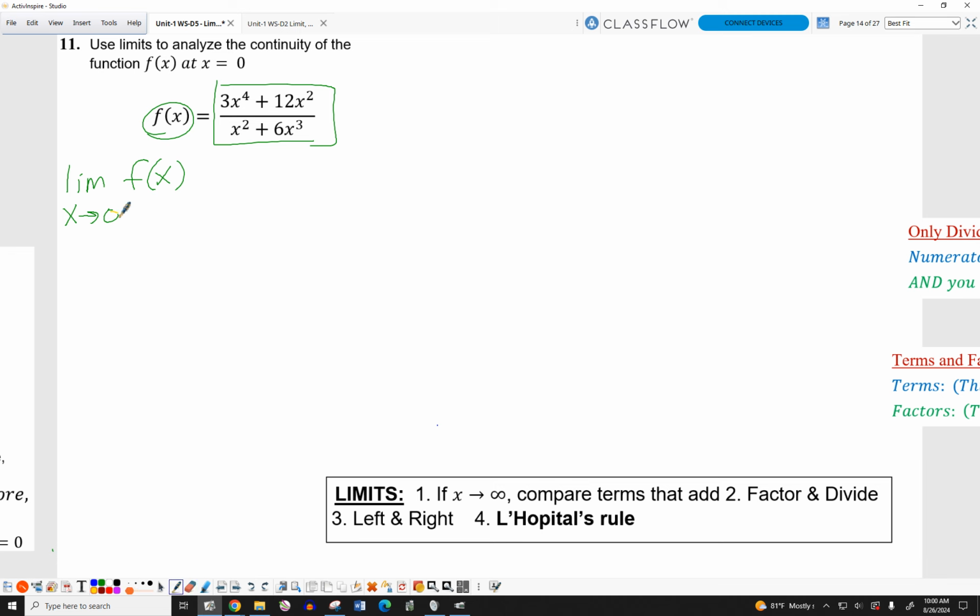So after a couple of days of practicing this, I'll stop writing it. I'll just expect you to remember that that really means do both. Because you can only find the overall limit by checking left and right. So, solid? All right, so I'll put it here for today just as a reminder, but really we'll stop writing it soon.